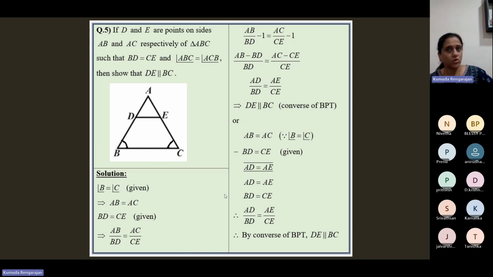Please write on this. You just write one answer, so you just write AB, BD. Don't write all this, children. This is one method.